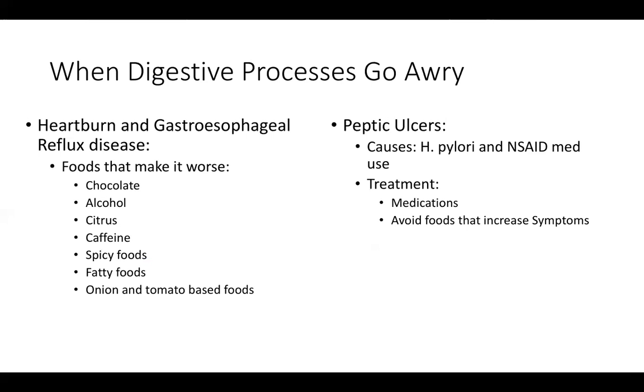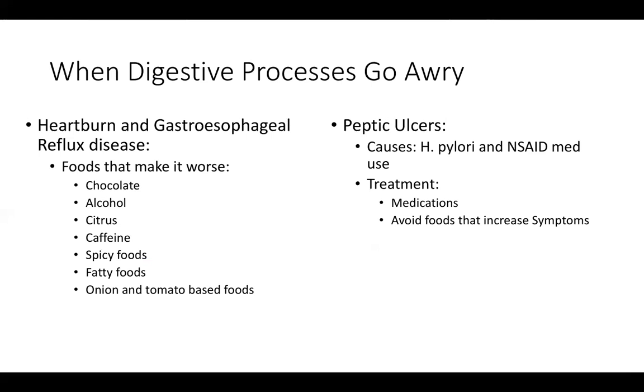And the esophagus doesn't have a protective mucus coating to protect it from that acid. So this can cause an irritation of the esophagus that really is painful. Some foods as well as some behaviors make it worse, and some are listed here.